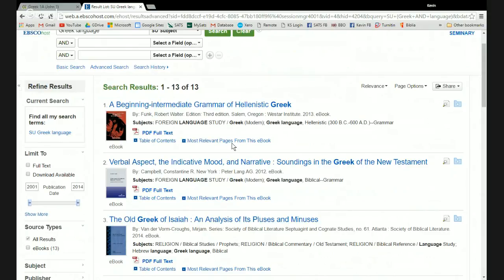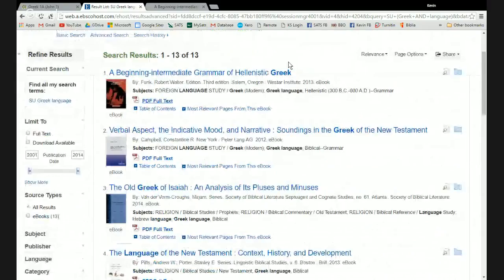It's a substantial piece of work, about just under 600 pages if memory serves, and you are able to read this whole book online from EBSCOhost. So if I click on that, it'll actually open that. So that's one.